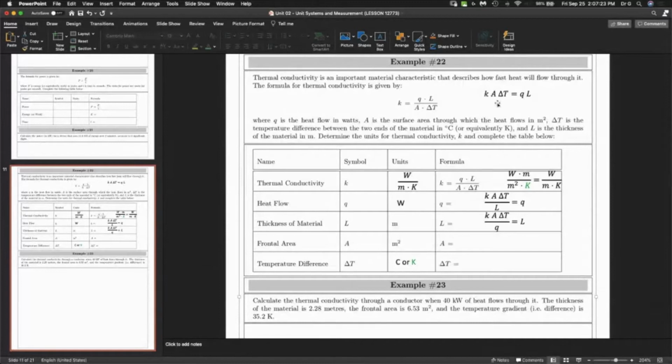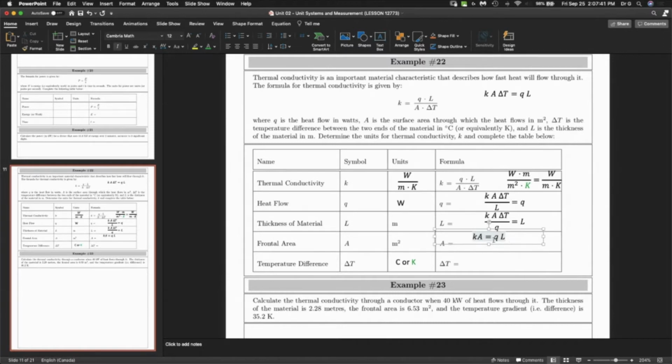Let's try this next one here, which is the solution for the area or cross-sectional area. This time I have to divide by K and delta T on both sides. So let me get rid of those guys.